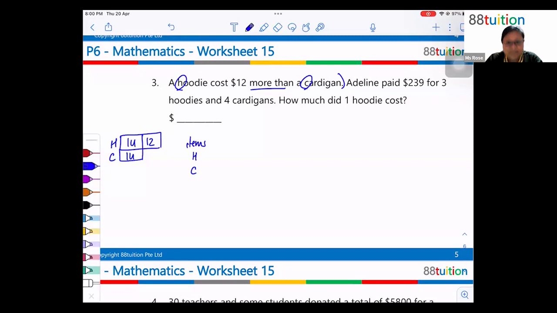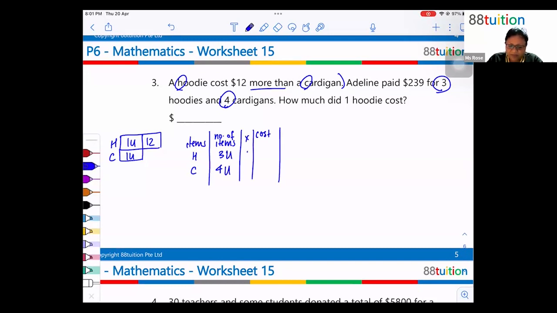Okay, it means a different thing lah. So the number of items, there are 3 hoodies and 4 cardigans times the cost of each of them.